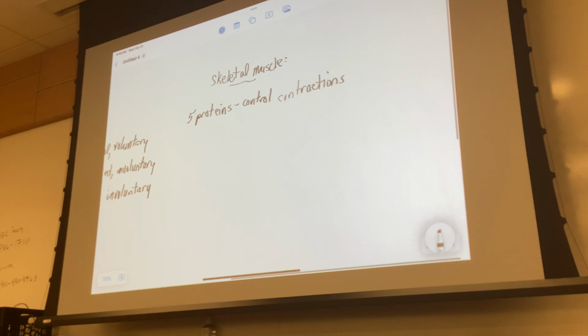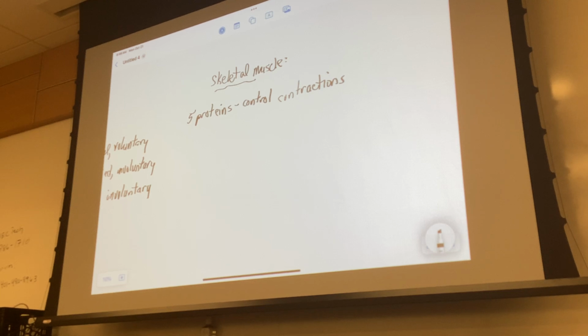So in terms of the 5 proteins, a few of them you might know. But the idea here is that if the proteins are present in one place, then the muscle does not contract. If it's moved away from that place, then the muscle does contract. So it's either an off or on switch.